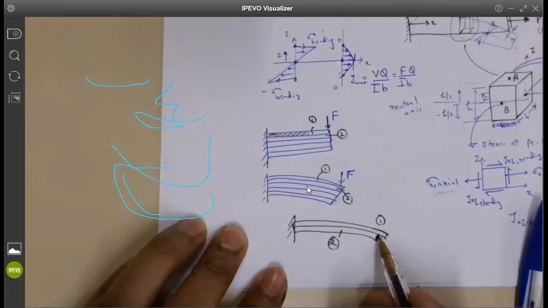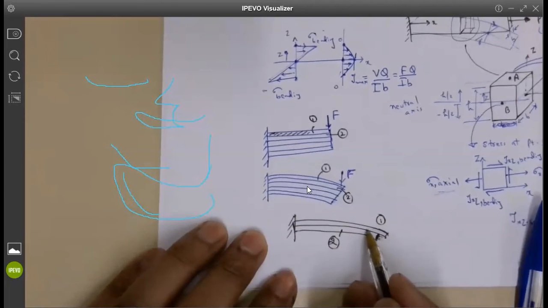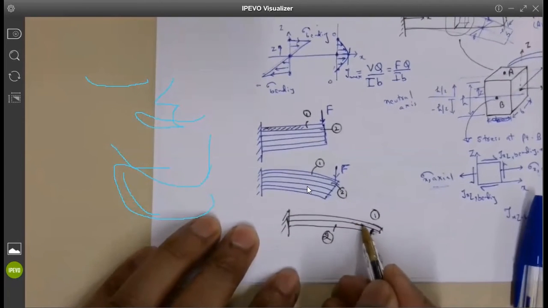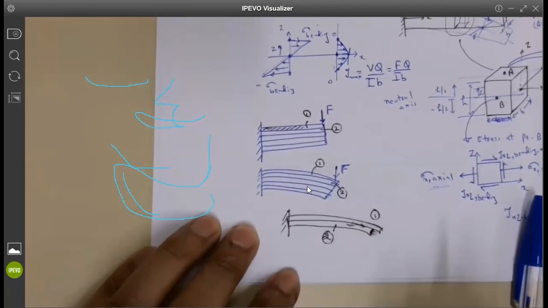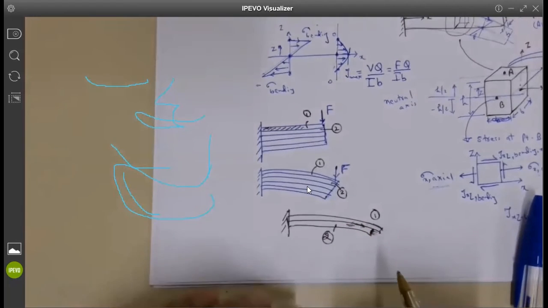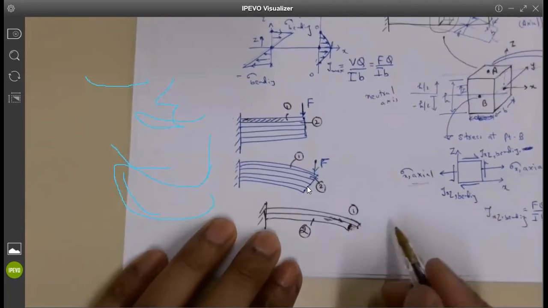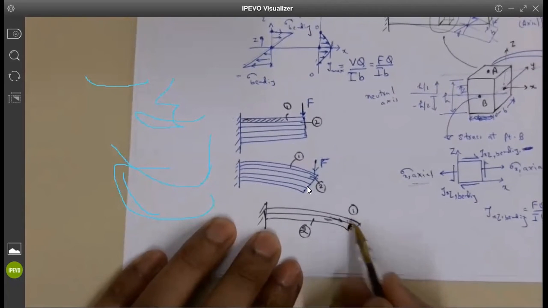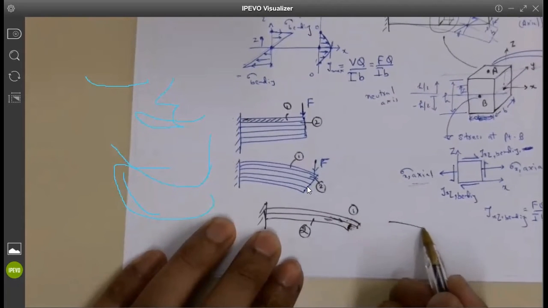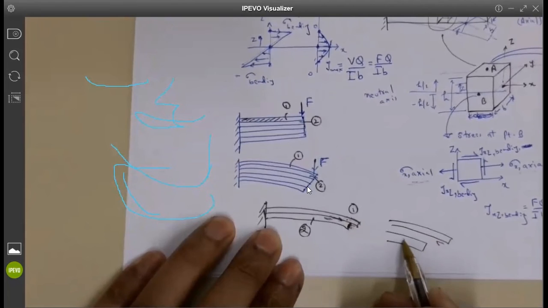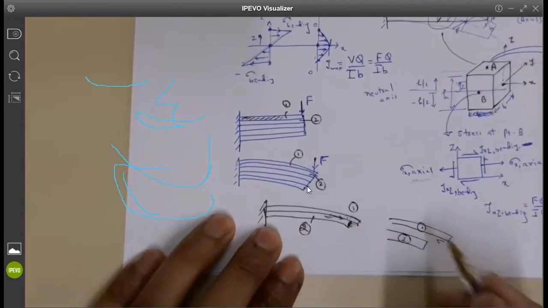So there will be some type of shear happening between these two layers. If I separate these two layers, there will be some type of shear stresses generating inside the material. So between strip 1 and 2, there will be some sort of shear.